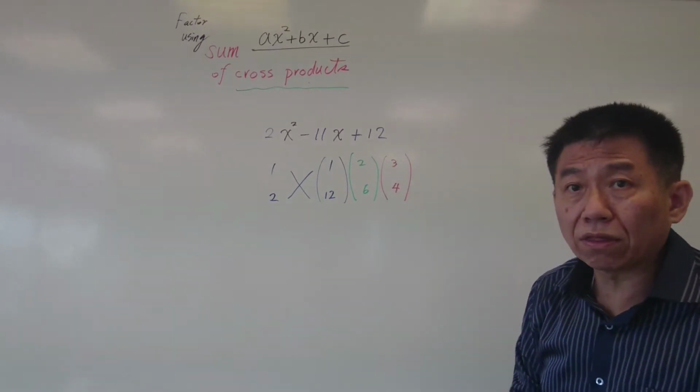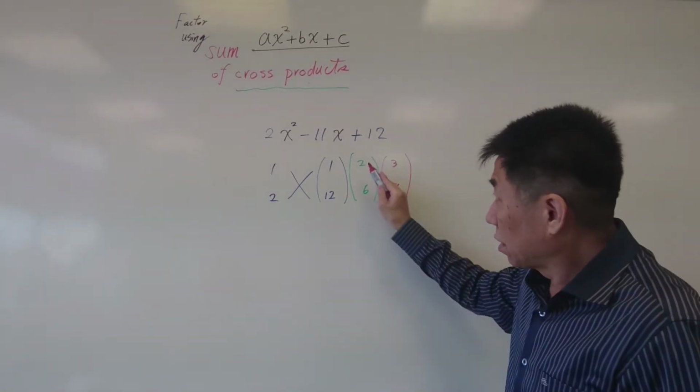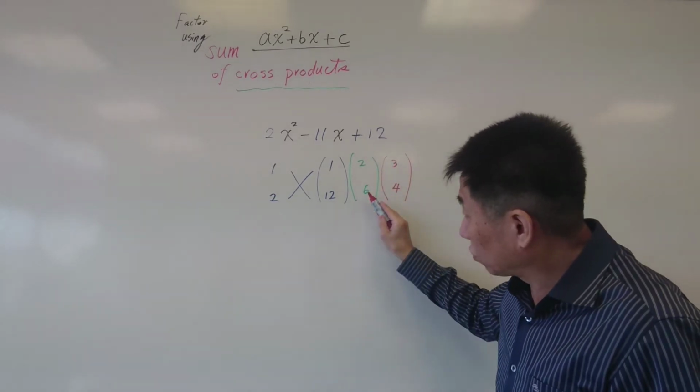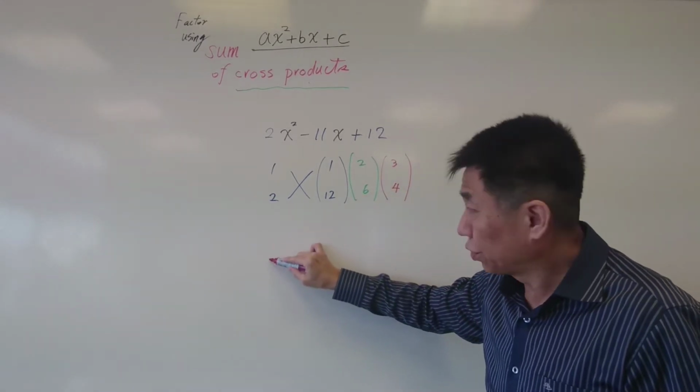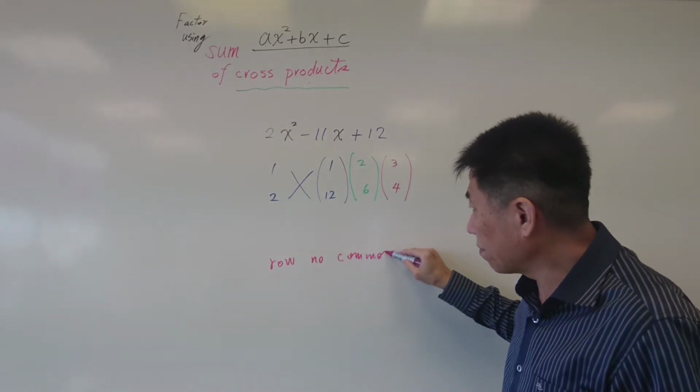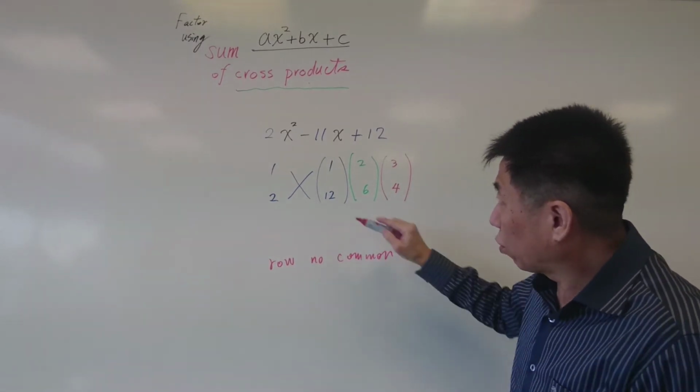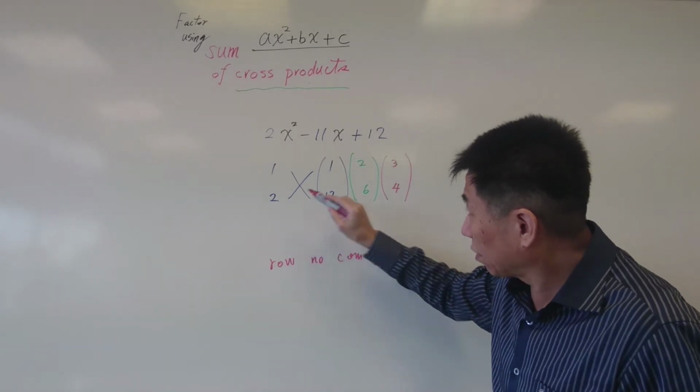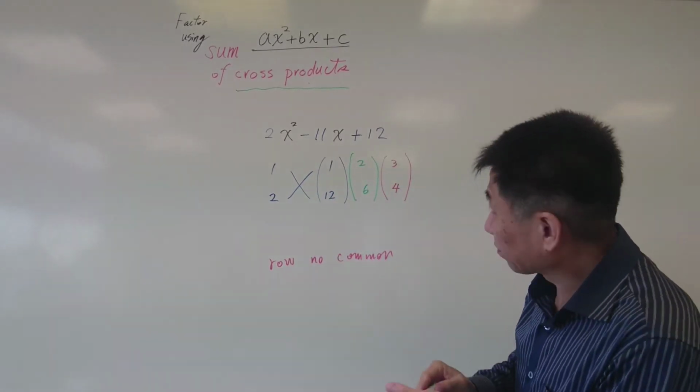But I want to tell you one thing: in the horizontal row, there is no common factor. What does row no common mean? Do you see that? For example, this 2 and 6.